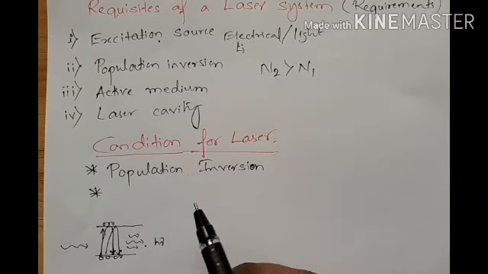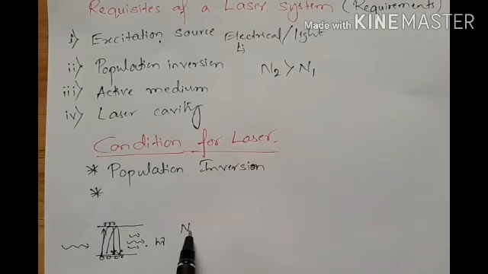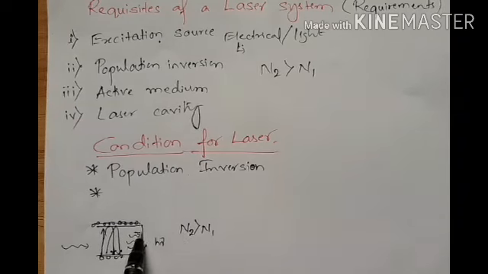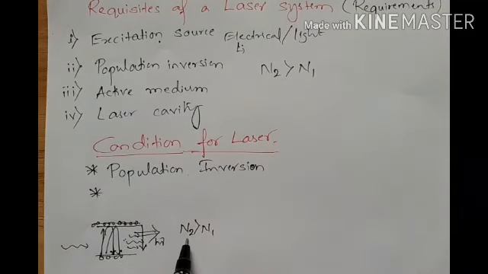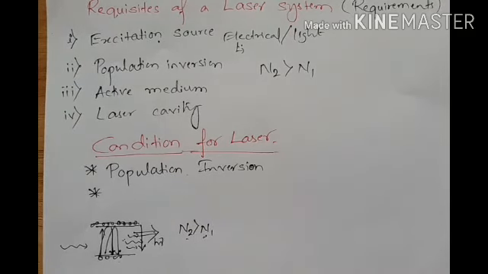We need to achieve n2 greater than n1, so that millions of atoms are in the higher state and come to the lower state, and we get the laser out of this material. That means we should achieve the population inversion.